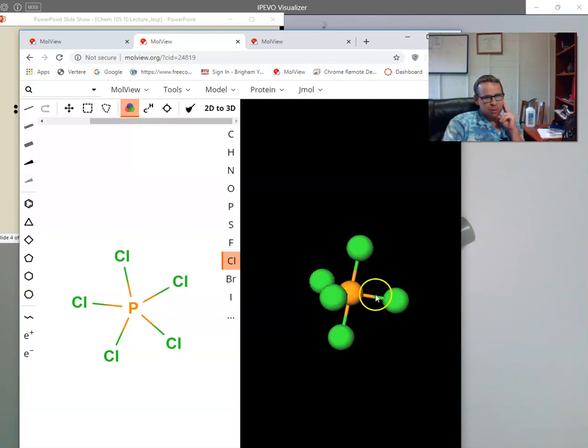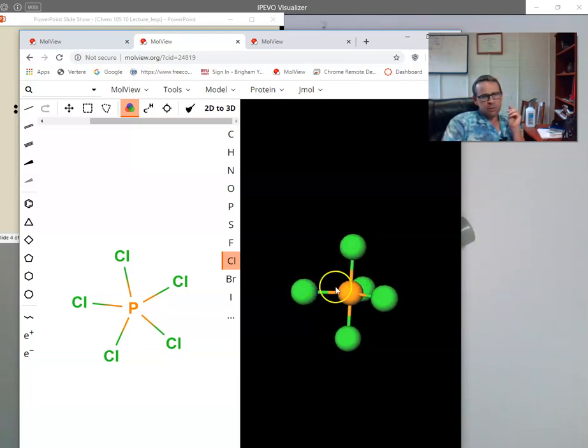That's right. There's 3 of them on this circle here, and they're all 120 degrees from each other. So this chlorine is 120 degrees from that one and 120 degrees from that one. However, Joey, how far is it from its axial neighbors, up and down? Maybe 90. That's right. It's 90 degrees from its axial neighbors.